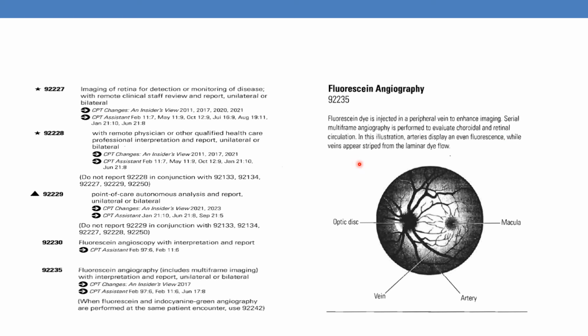In the illustration, the arteries display an even fluorescence, while the veins appear striped from the laminar dye flow. The basic difference is 92235 includes multi-frame imaging. If the term multi-frame imaging is given, you need to code 92235.